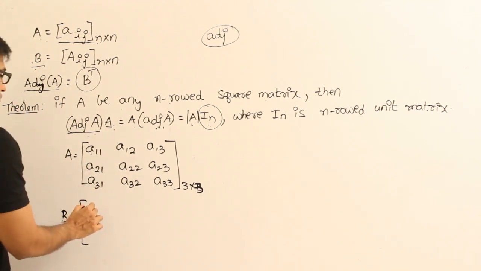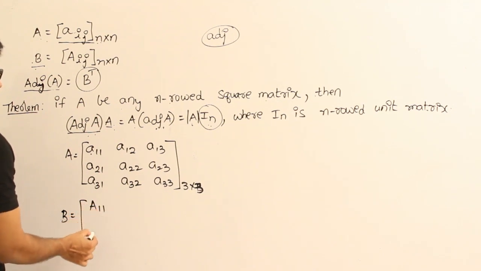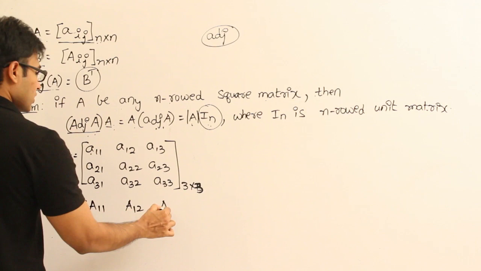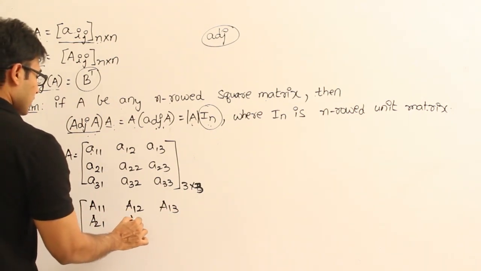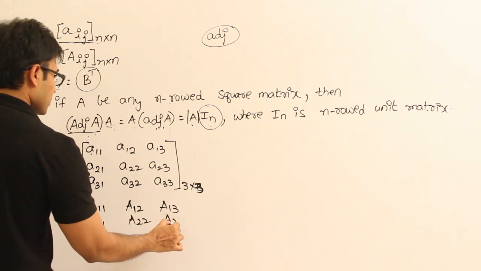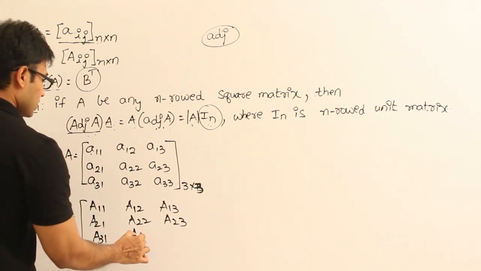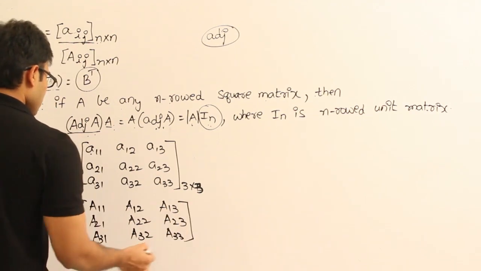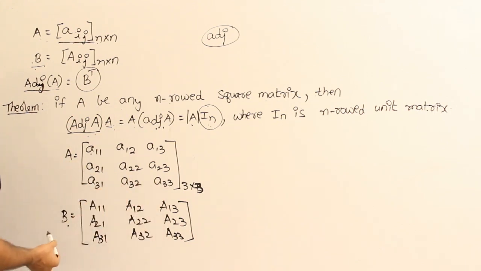Let us say the cofactor of the element a11 is capital A11, the cofactor of a12 is capital A12, then capital A13, A21, A22, A23, A31, A32, A33. This is the matrix obtained by taking the cofactors.